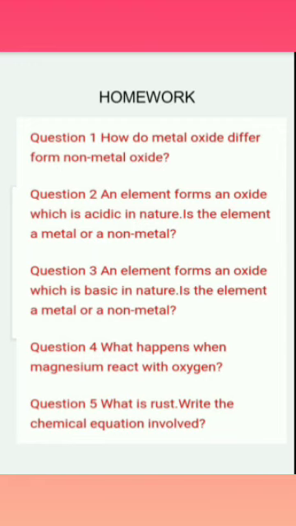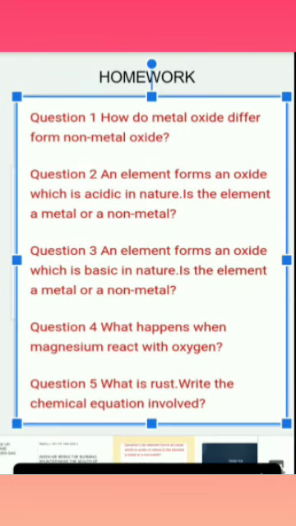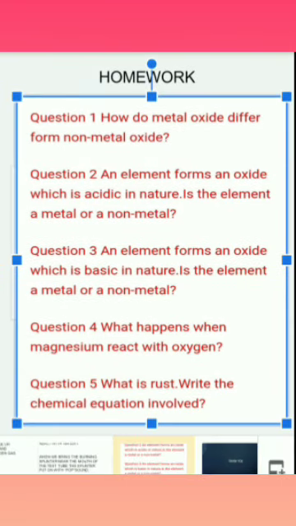Acidic in nature means the element is a non-metal. An element forms an oxide which is basic in nature. Is the element a metal or non-metal? Basic in nature means that the element is a metal.